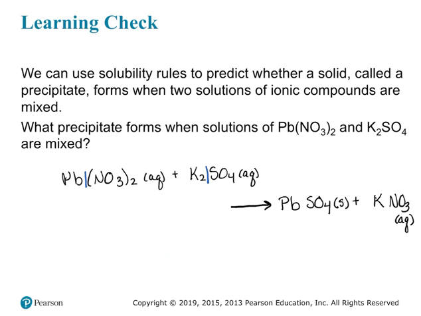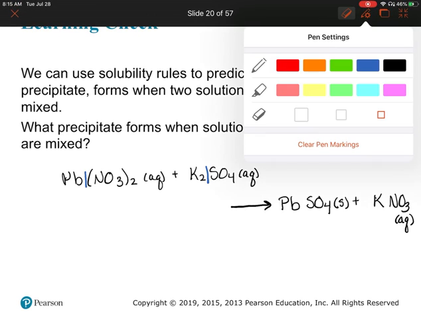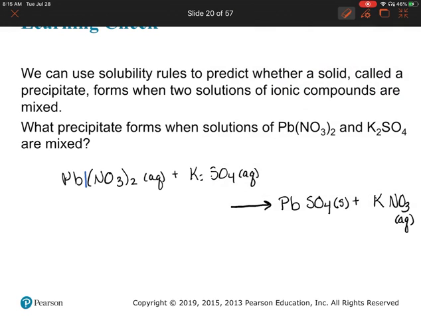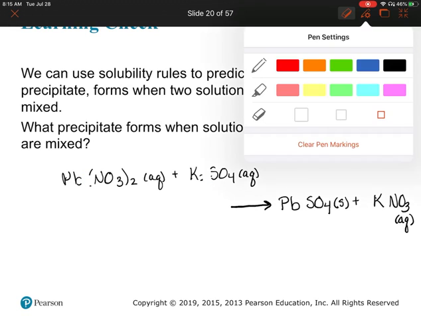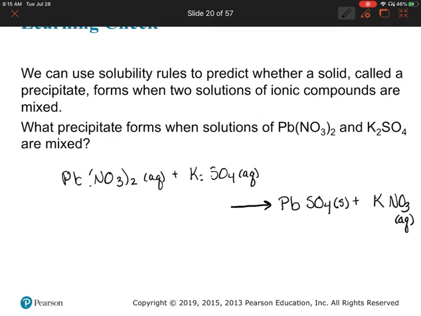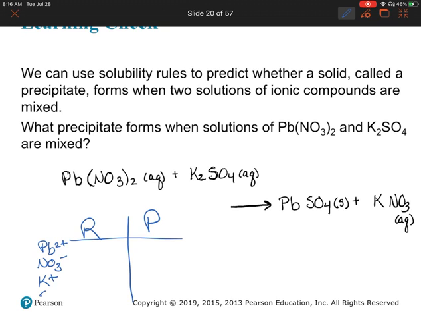Let's see, lead nitrate, potassium sulfate. We'll make our balancing chart, reactants versus products. We have lead 2+, nitrate, potassium, and sulfate.